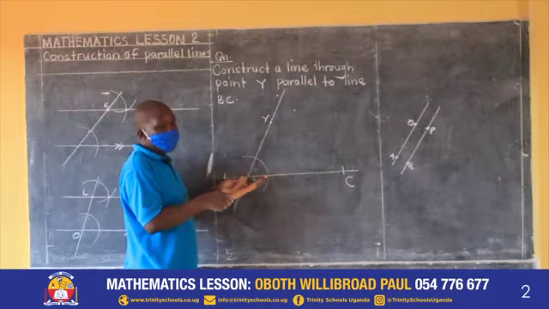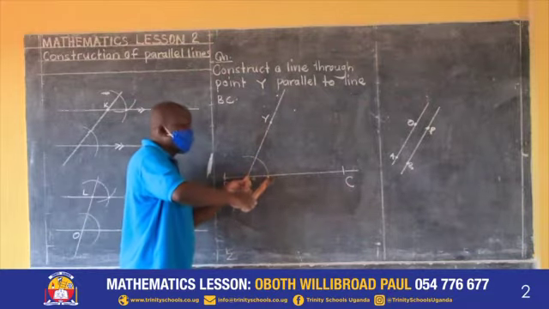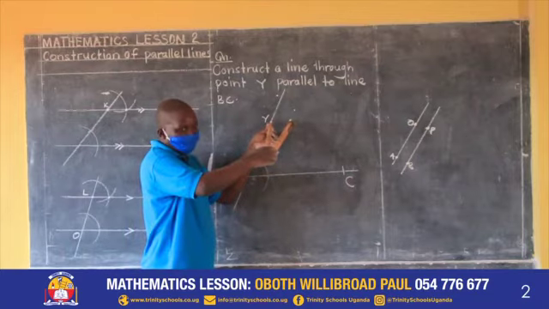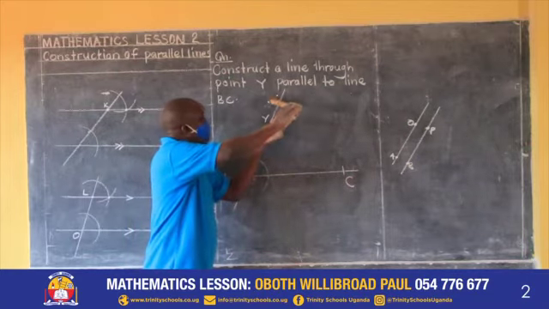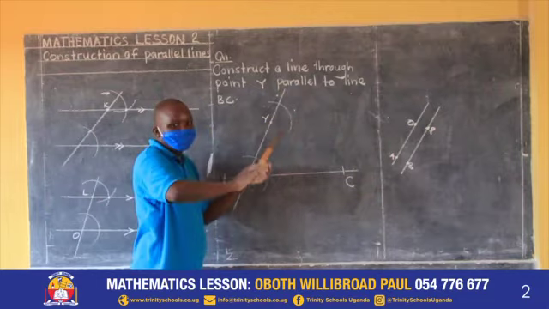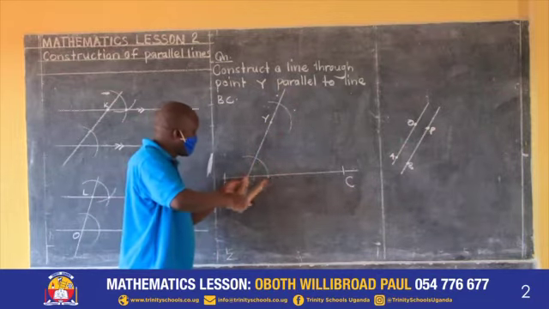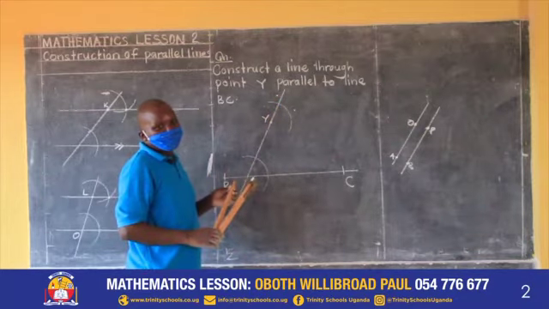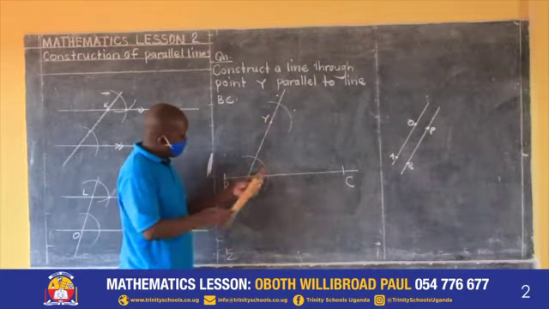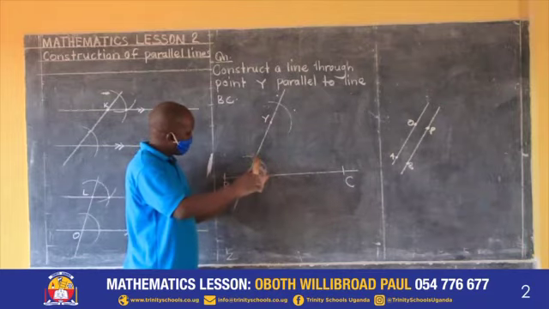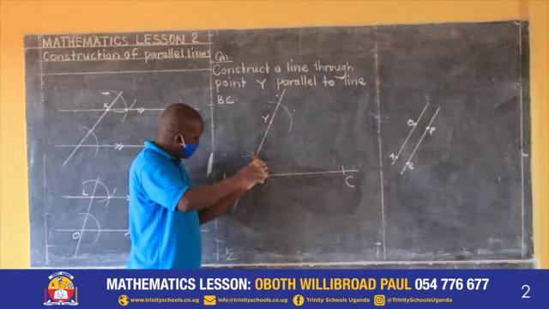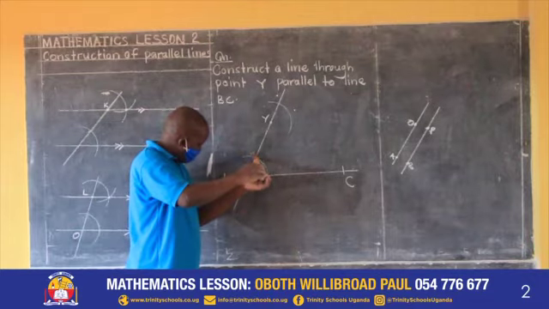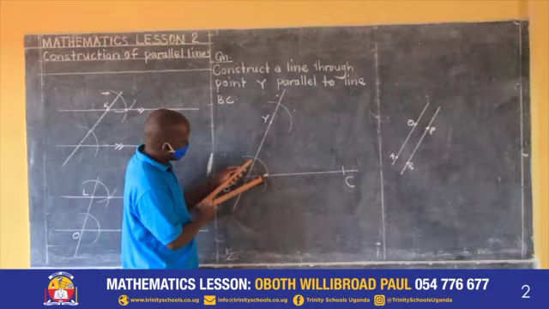After drawing this arc, carry your compass without adjusting to this point, and also draw another arc there. Same thing. You did it here, you are now doing it there. Come back now and adjust your compass to the size of this arc from here up to here.